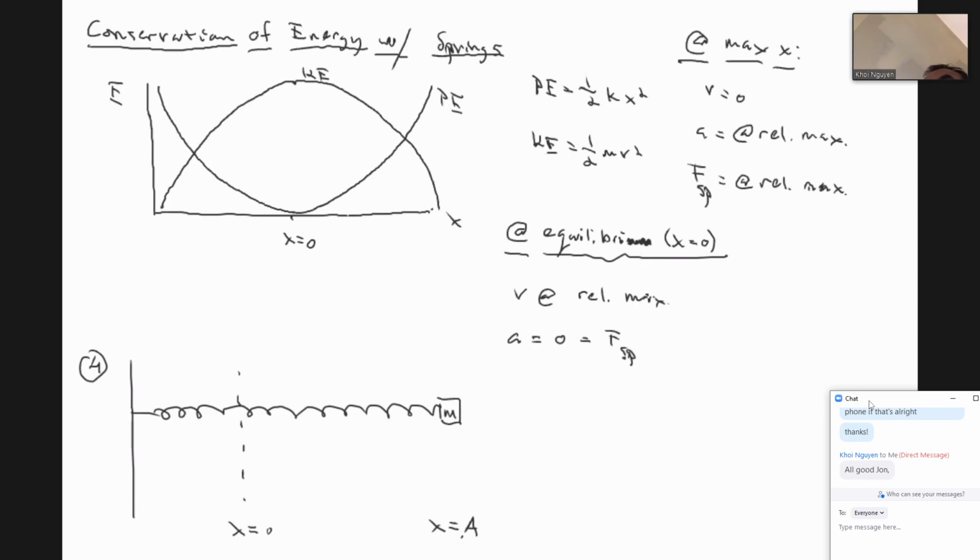And so as this thing is coming back at x is equal to A over 2, I want to know what fraction of total energy is in kinetic energy when the mass is at x is equal to A over 2.